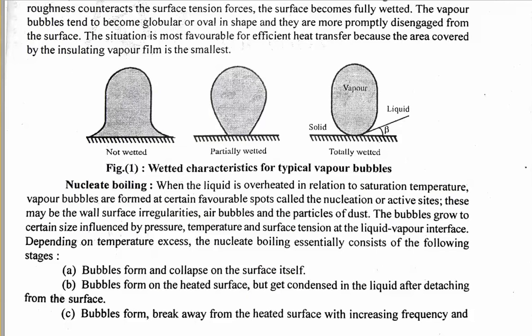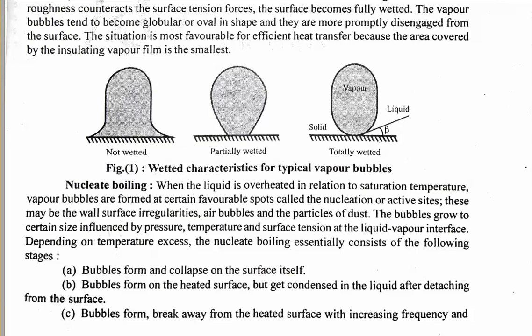Depending on the temperature excess, nucleate boiling essentially consists of the following stages. First, bubbles form and collapse on the surface itself. Second, the bubbles form on a heated surface but get condensed in the liquid after detaching from the surface.